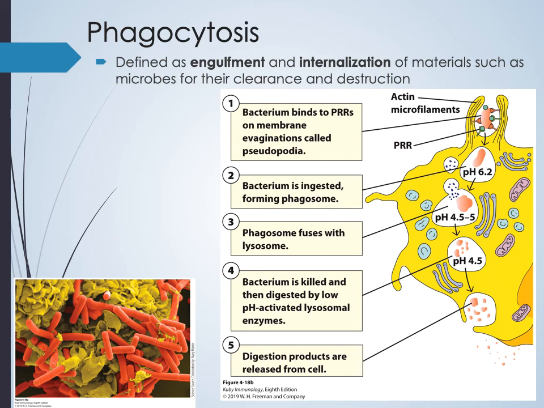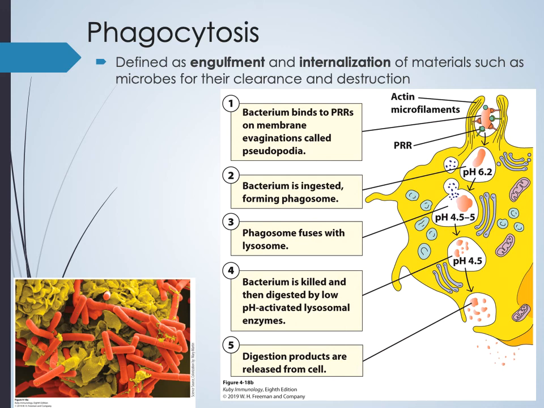Then pseudopodia come out because we have a rearrangement of the actin microfilaments. This is like cell bio 101 coming back. When you talked about the cytoskeleton, about actin microfilaments, and how you can get elongation that changes the shape of the cell, here you go.